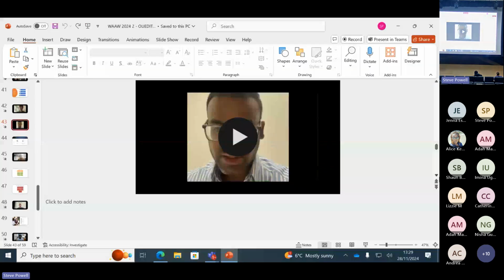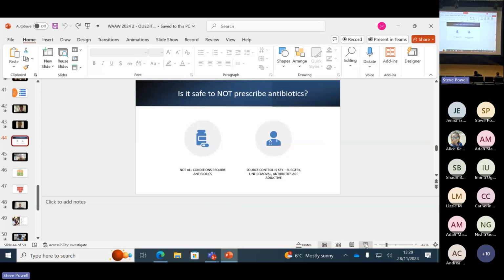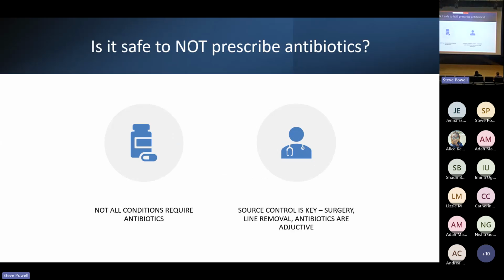So we can see some really key points being brought out by Cleo: surgical prophylaxis, source control, and then by Mayutan, thinking about durations, not giving long durations. Just to skip back, because I've seen what slide I put in next on the left: not everything needs antibiotics.